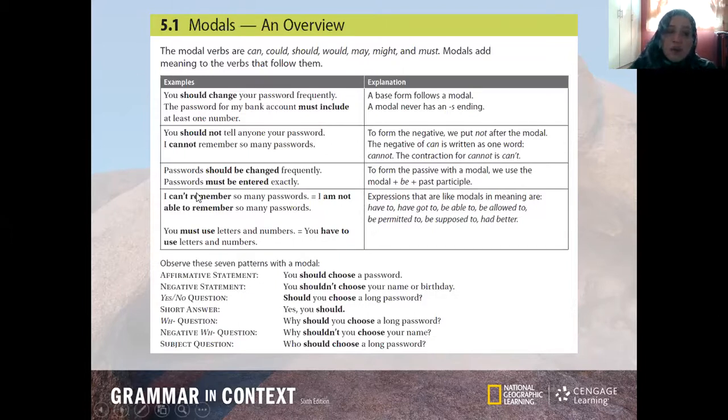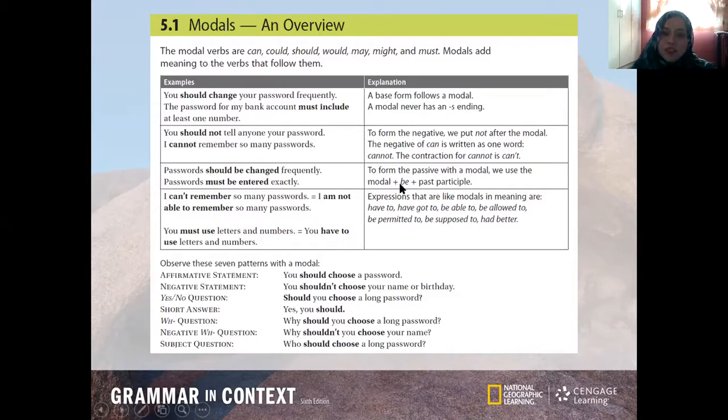So the example will be something like passwords should be changed frequently. So we added the be verb here, and we change the verb into the past participle, so it becomes changed.